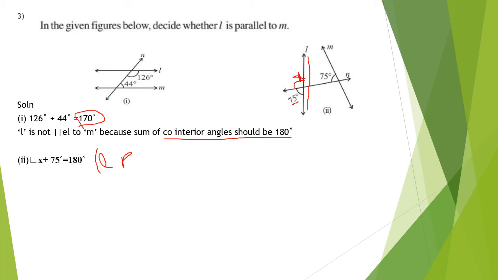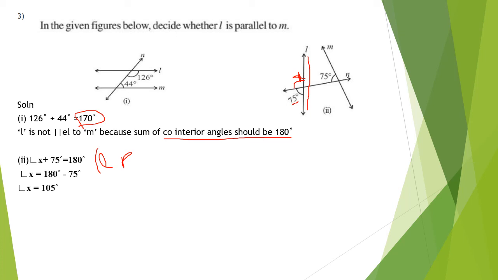Here you can write the condition as linear pair. Now solve it and find the value of X: 180 degrees minus 75 degrees. You will be getting the answer 105. So X is not equal to 75 degrees.